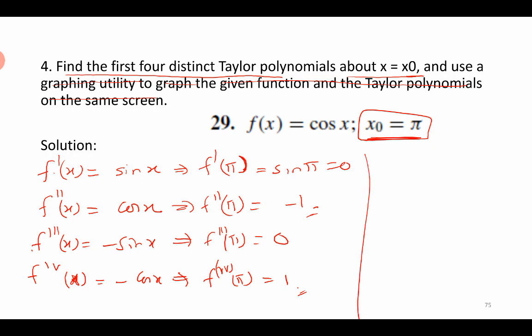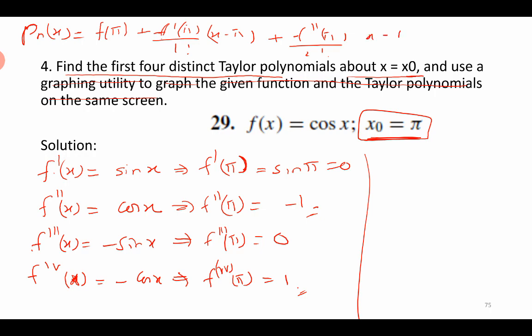I'm writing the formula for Pn of x, the Taylor polynomial of degree n, isn't it? This is f of pi, our point, plus f prime of pi, the first derivative of f at pi, divided by 1 factorial, times x minus pi, plus the second derivative of f at pi divided by 2 factorial times x minus pi whole square.